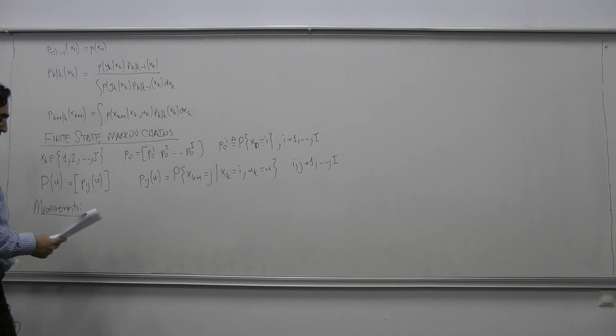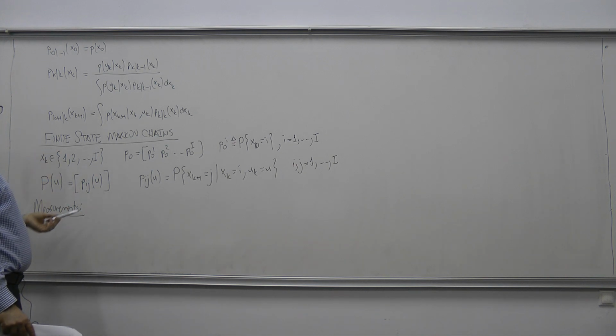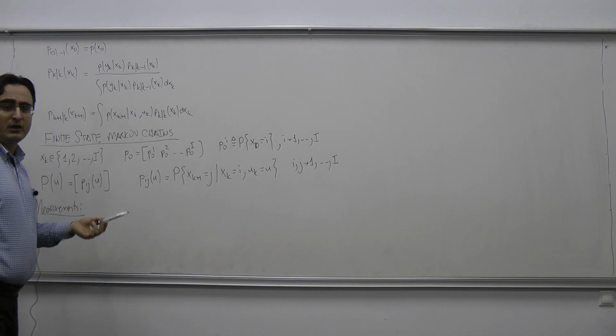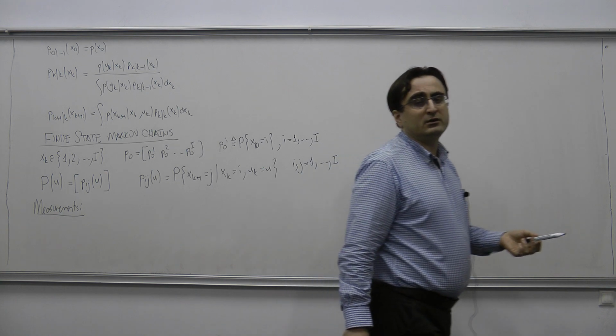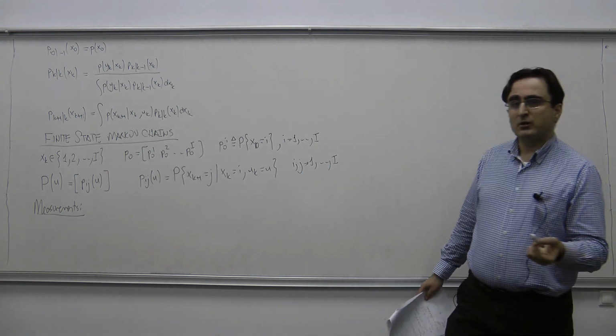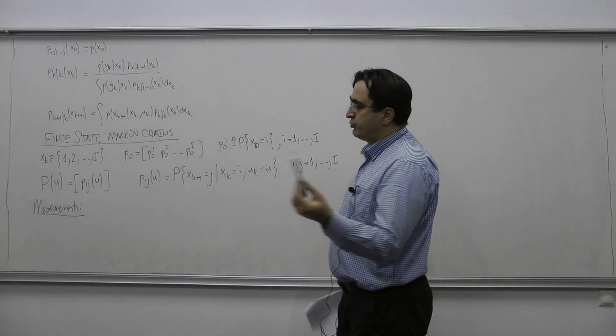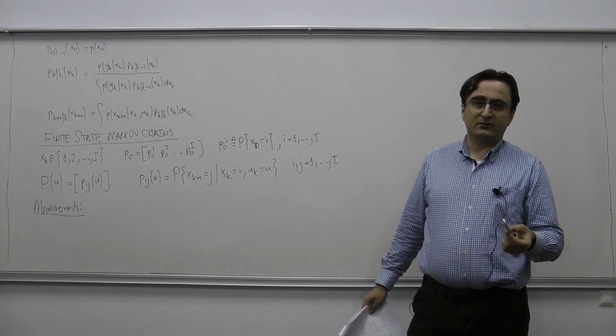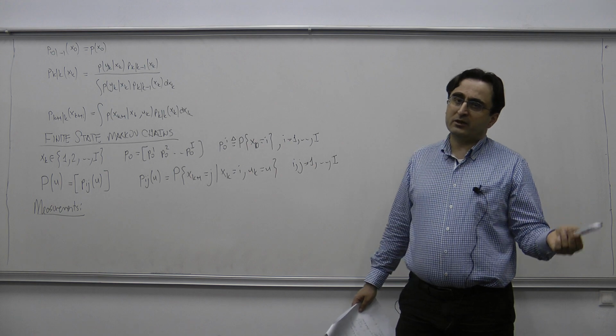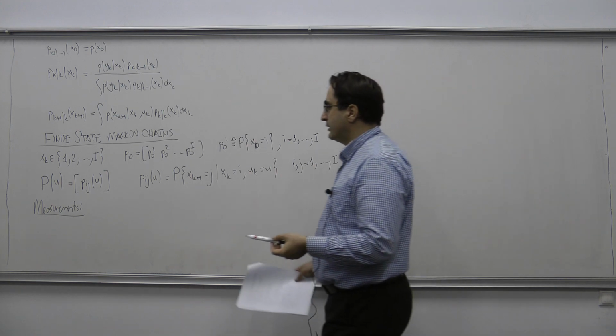There are two possibilities, of course. In the finite state Markov chain, the state is a discrete random variable, but the output does not have to be a discrete random variable. It can be a continuous random variable. So there are two cases. The output variable can be, again, a finite state discrete random variable, or it can be a continuous random variable.